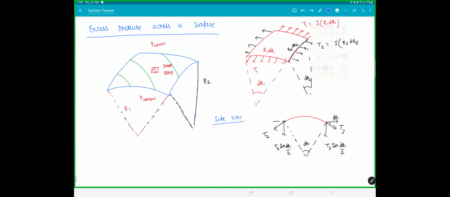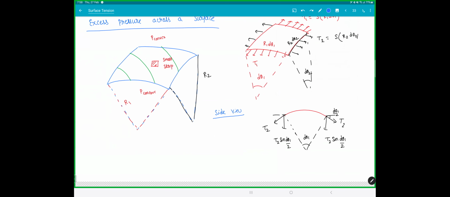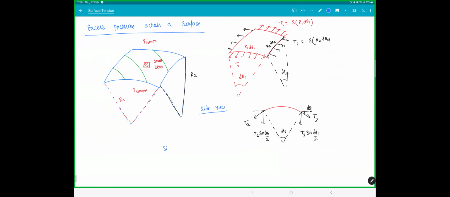And if I look at the other side view, really don't worry too much about the proof, just try to understand how the steps are coming. In the other side view, you will see the black one. Now who is pulling it? The red forces, which are T1 and T1. This angle will be d theta 2. Is that making sense?